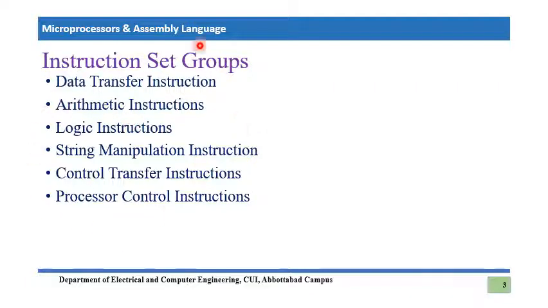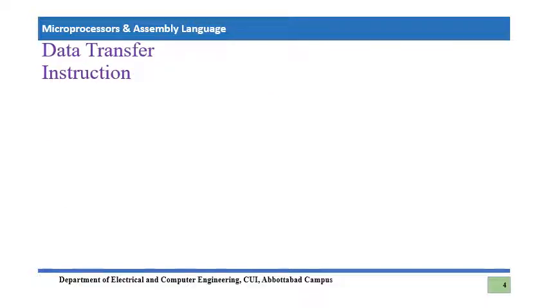So in total how many groups are these? Six groups of instruction sets. These different groups we will study in detail one by one, and try to cover their different usage in different operations. So data transfer instruction set is the very first instruction set group.